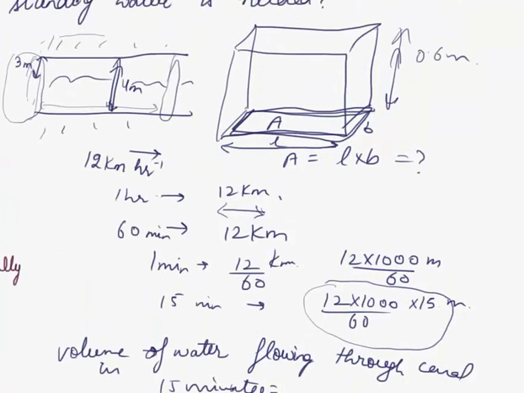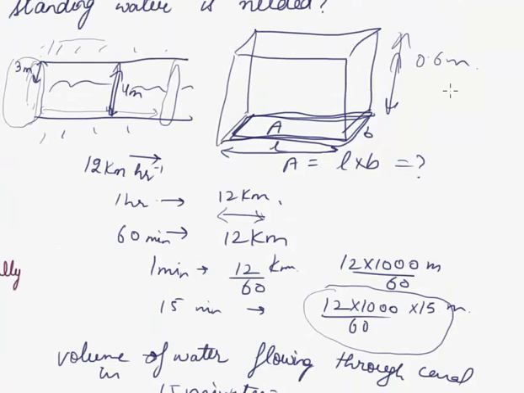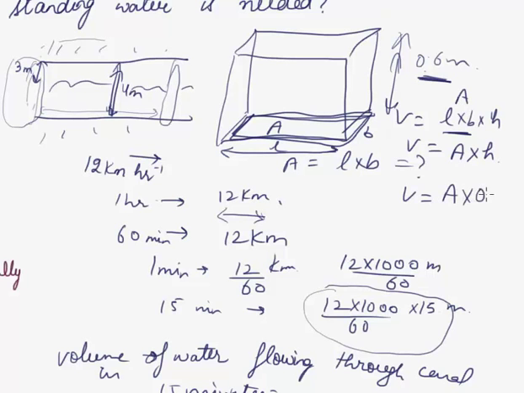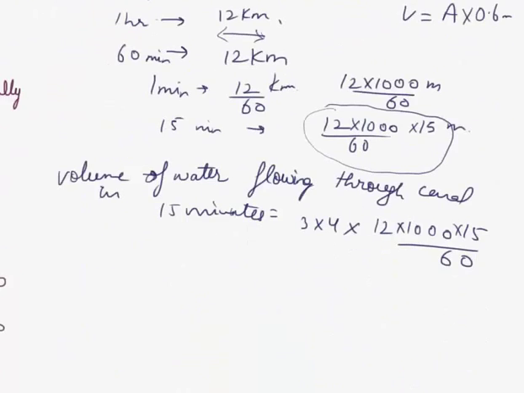Now for this field we have the depth or the height of the standing water to be 0.6 meters. So its volume will be length into breadth into height, and length into breadth is also area. So we can say volume is area into height. Thus the volume of standing water needed in this field is A into 0.6 meters.